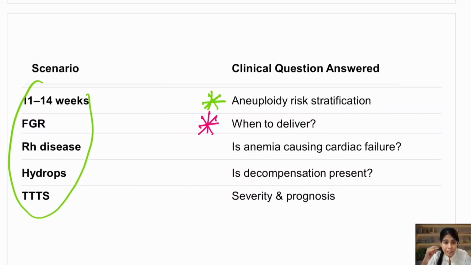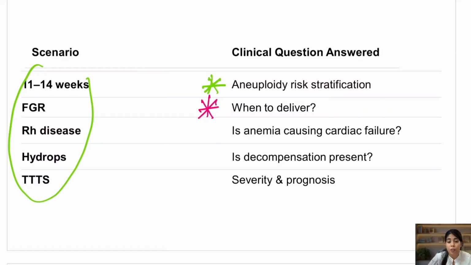Next is Rh negative pregnancies, because in Rh negative pregnancies there is a risk of fetal anemia, and this can be ascertained by the PSV of the middle cerebral artery Doppler. Also important is the ductus venosus Doppler, because it tells you about the effects of the anemia on the heart, whether the heart is in the process of failure.